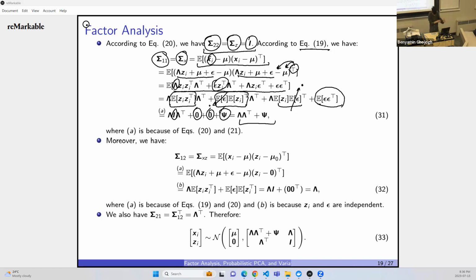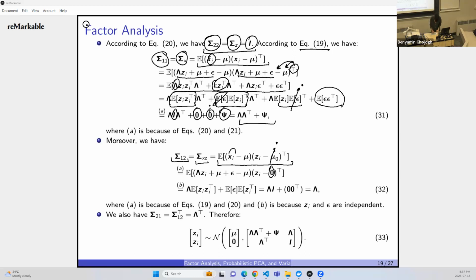Okay. Then let's calculate sigma 1, 2. What is that? Sigma between X and Z. By definition, recall preliminaries. That's expectation of Xi minus mu times Zi minus mu 0 transpose. Mu 0 is the mean of Zi, mu is the mean of Xi. We know that mu 0, we assumed it to be 0.